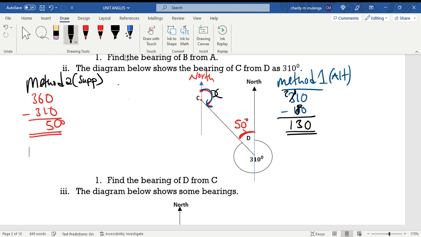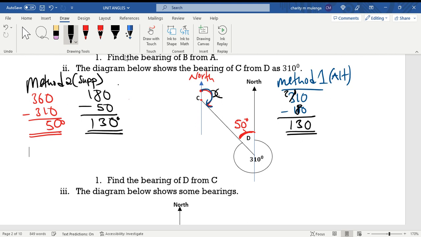Then you're also going to realize that this angle x and 50 here, these two angles, they're inside the U. Angles inside the U add up to 180. So how do you find the bearing? Because these two angles add up to 180, we're saying 180 minus 50 degrees. So 0, 8 minus 5 is what? 3, 1 there.